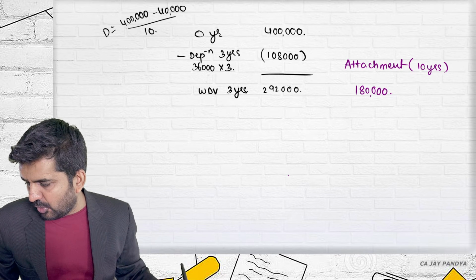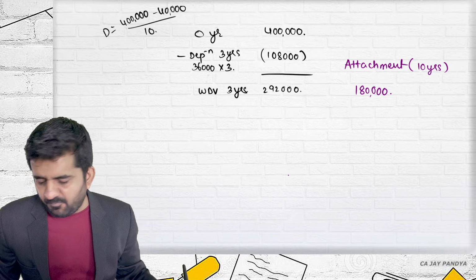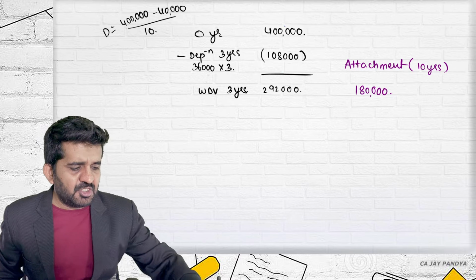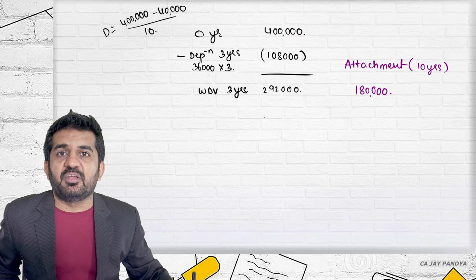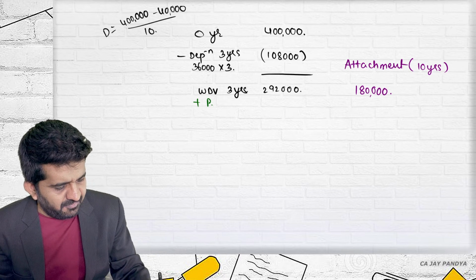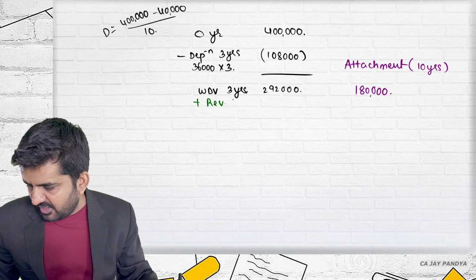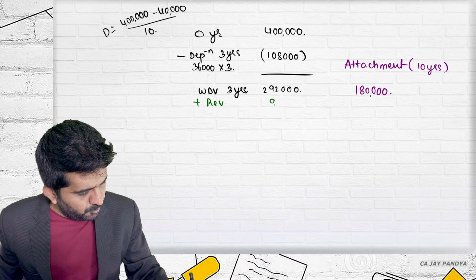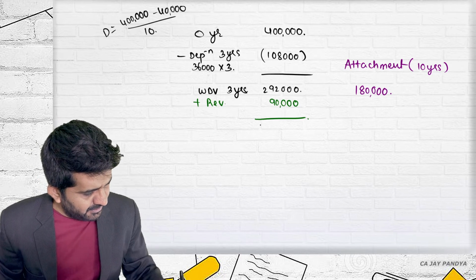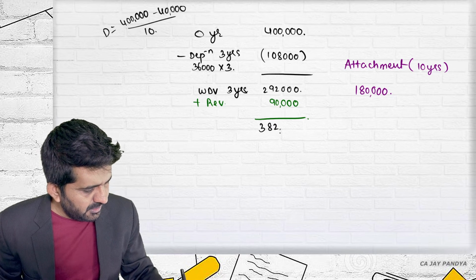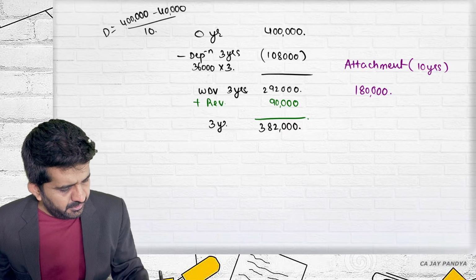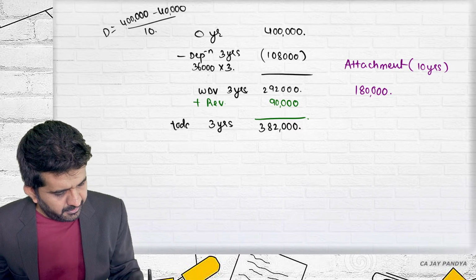During the same time, the original machine was revalued upwards by 90,000 rupees. So what journal entry will be passed? Asset account debit to revaluation surplus, if this asset is revalued for the first time. How much revaluation is done? Upward revaluation of 90,000 rupees. So what is the new value of the asset? It is 3,82,000. This is after 3 years, which is nothing but today.